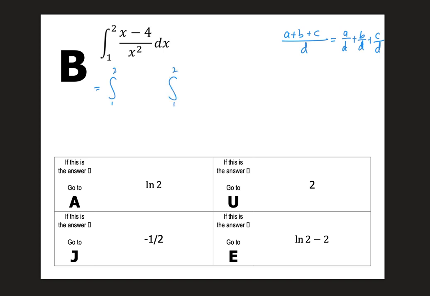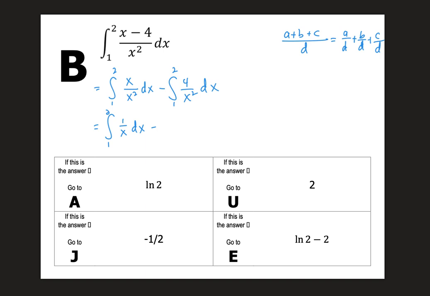Make two different integrals. I'll do the x over x squared, and then -4 over x squared, and then we'll just have dx's with each one. Then maybe we'll simplify. This x over x squared is 1 over x, and then we can rewrite this as x to the -2.